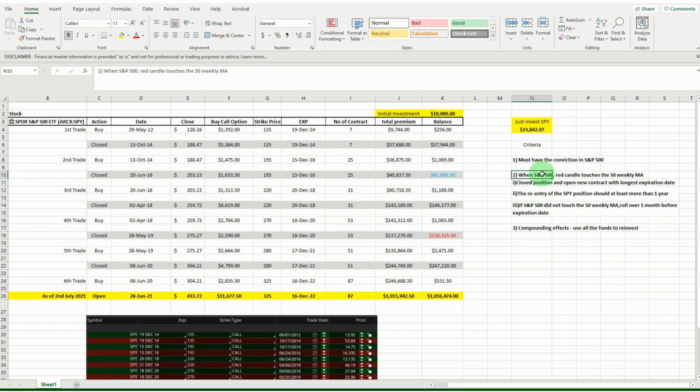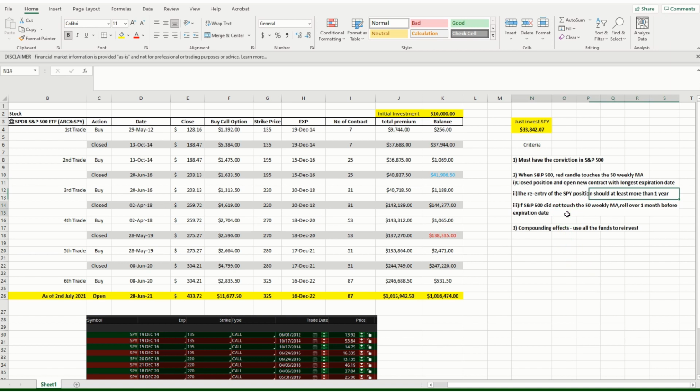Number 2, based on our first trade, on the week of 29th of May 2012, whenever SPY, the red candle, touches the 50 weekly moving average, you should close the position and open a new contract with the longest expiration date, which is what I have done on the spreadsheet here. But there is one condition: the re-entry of the SPY position should be at least more than 1 year. So we want it to be at least more than 1 year based on the backtesting method.